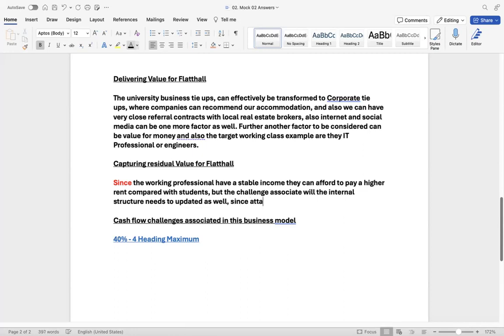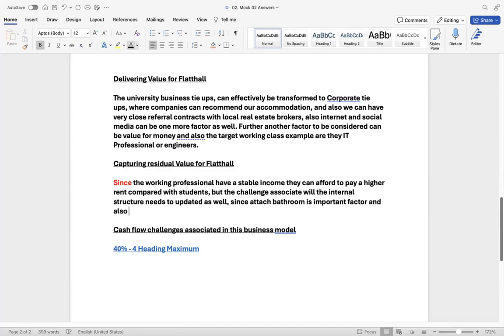Since attached bathroom is an important factor. Students, this is true. Attached bathroom is an important factor. If you are going to target a niche crowd, it's an important factor. And also, parking space is important as well. And silence and professional conduct is important.